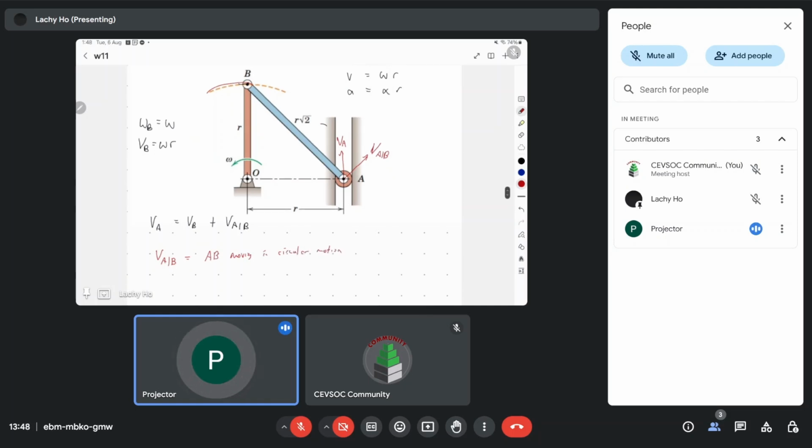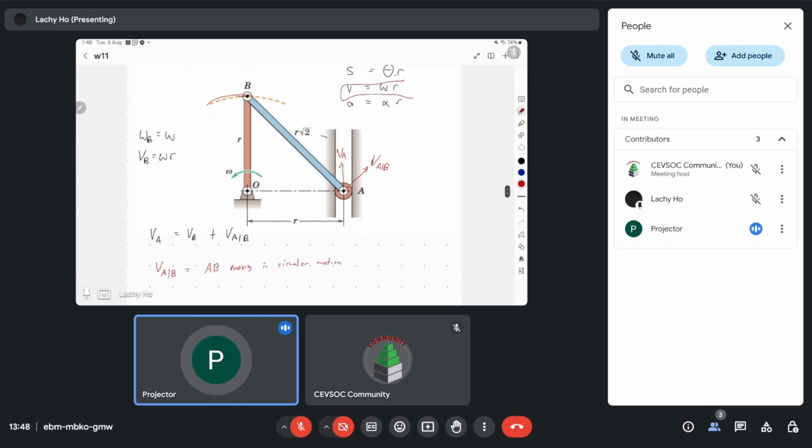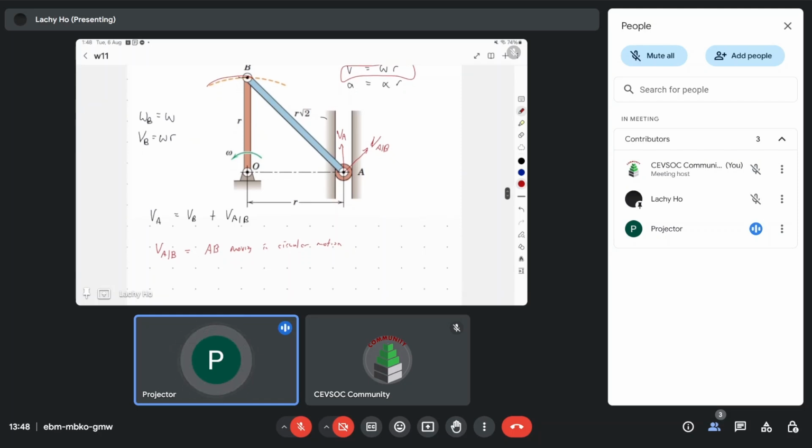And what's the formula for circular motion? It's equal to this, right? This formula here, WR. And so that's equal to the angular velocity of AB, which we don't really know, times the radius, which is R root 2.